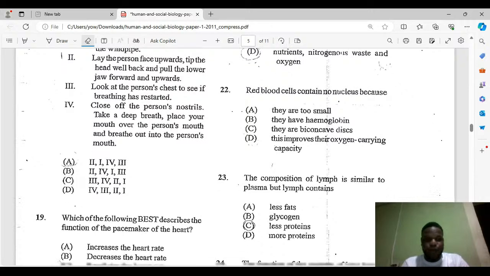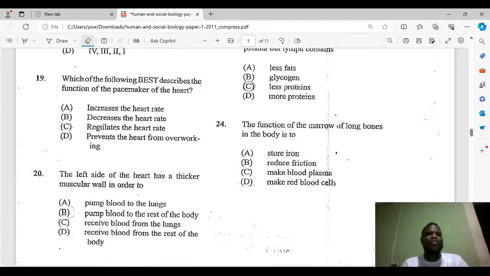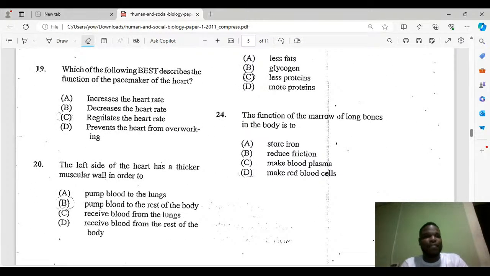Question 19. Which of the following best describes the function of a pacemaker? Remember, the pacemaker is an electrical impulse.